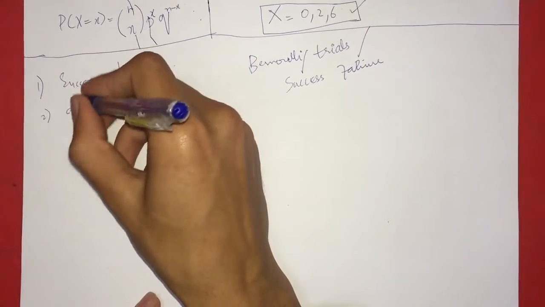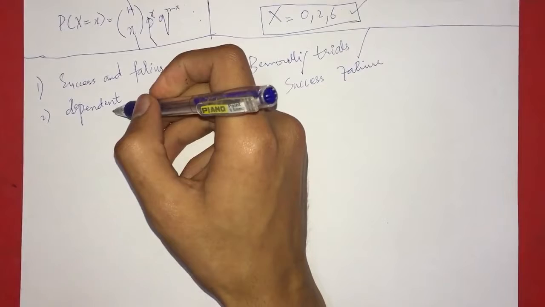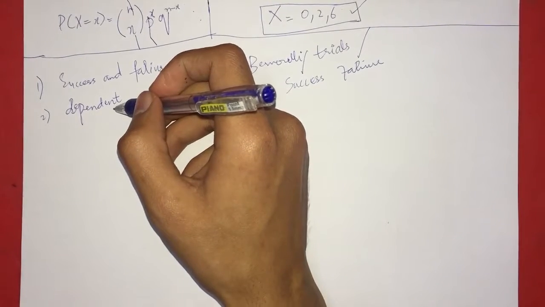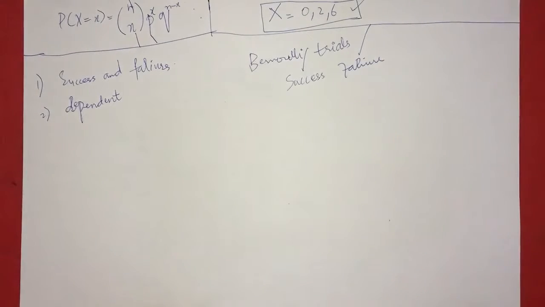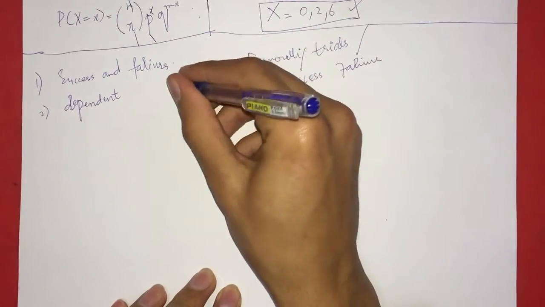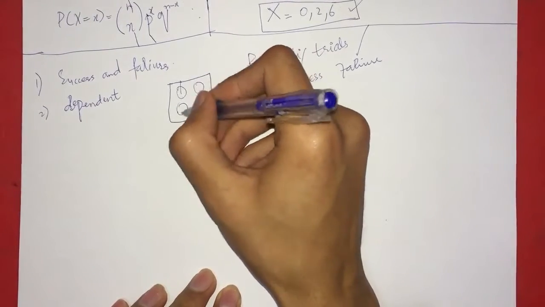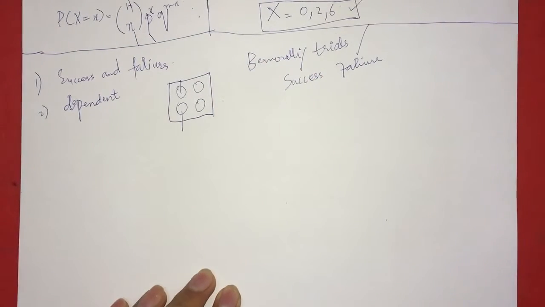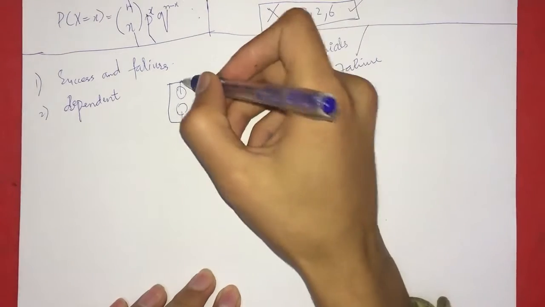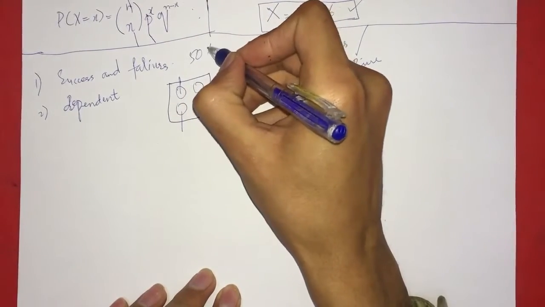Next, the trials are dependent on each other, which means that the probability of one trial depends upon the probability of another; one trial is not independent. For example, say there are 4 balls in a box, 2 red and 2 green. What is the probability of taking out a red ball? That will be 50%, because 2 by 4 is 50%.